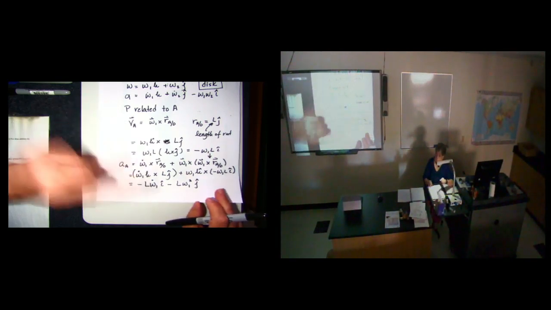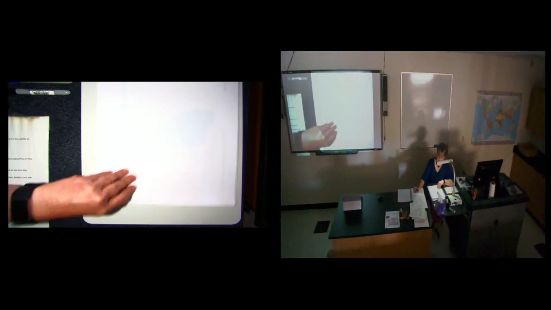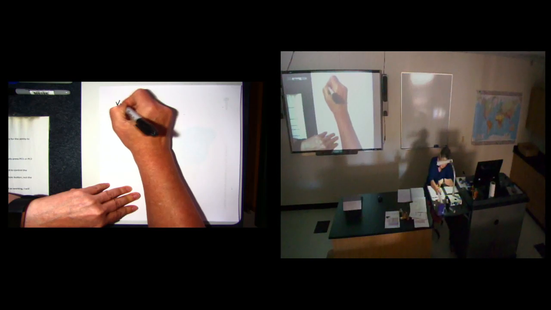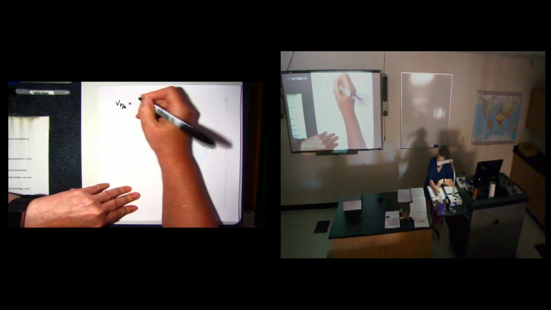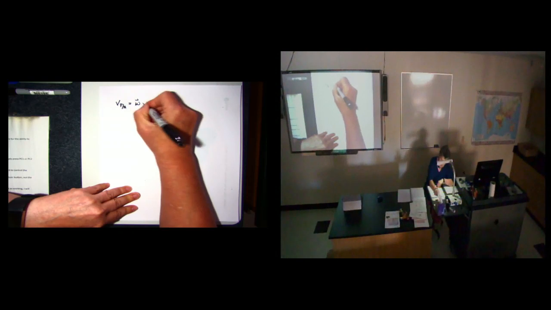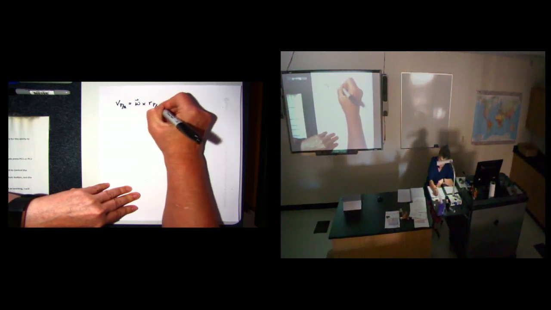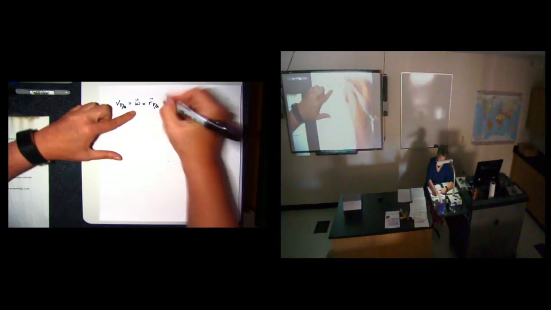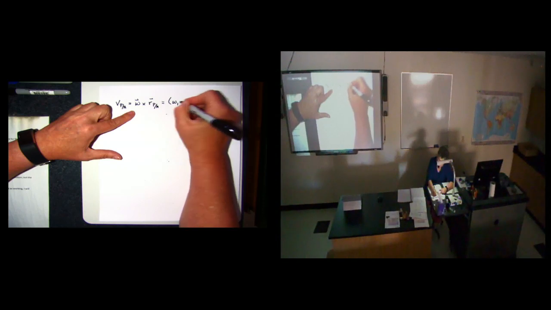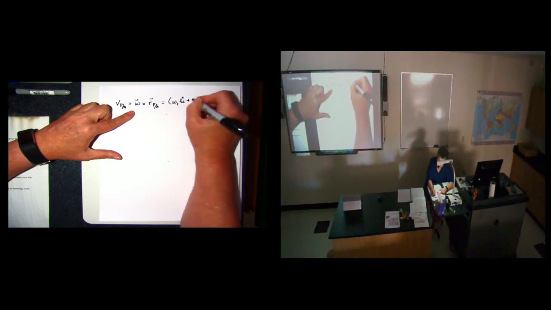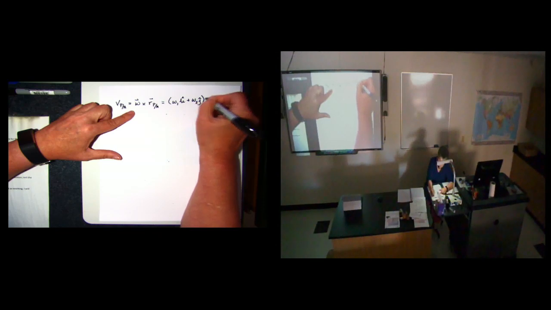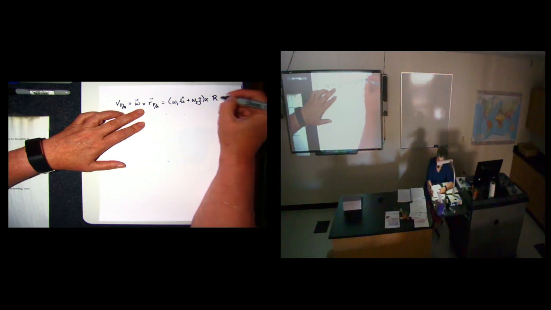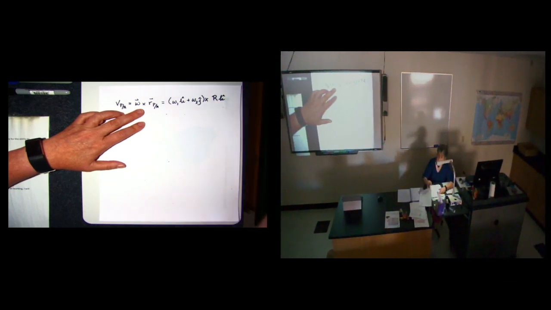But now if I want to do P, I have to do P in terms of where it is in relationship to A. So I'm going to get the velocity of point P with respect to A. Well, we know omega. And in this case, R is the radius of the circle in the K direction.